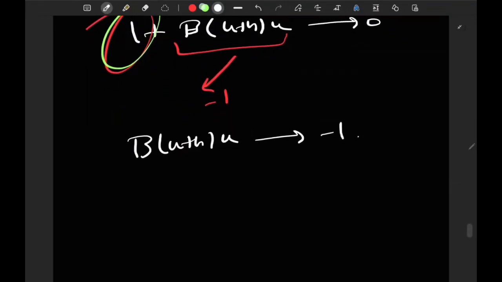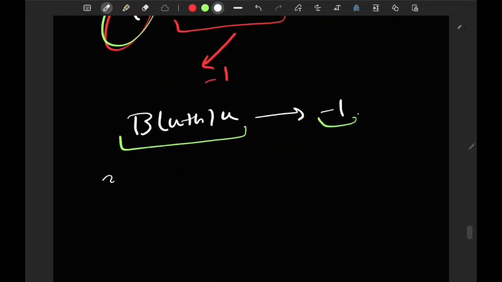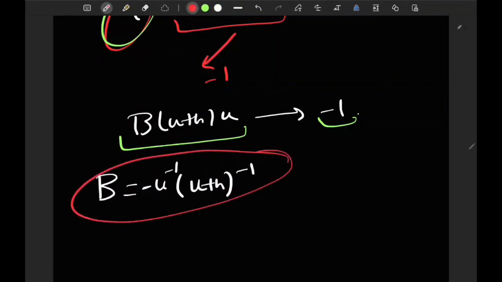Here we are starting to go back to the composition of maps framework. So I know that b should involve u plus h inverse, and it should involve u inverse somehow. So minus u inverse. There's no particular order, but there has to be something like this inside b.